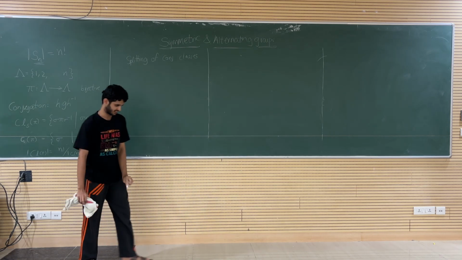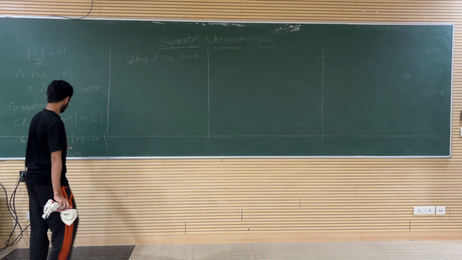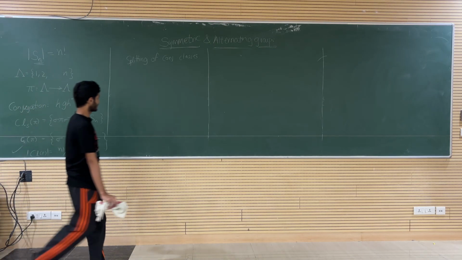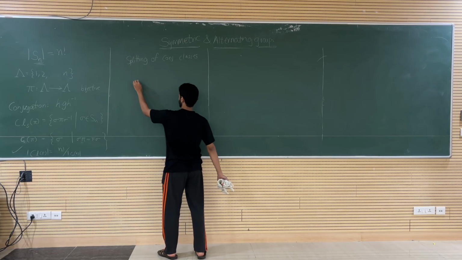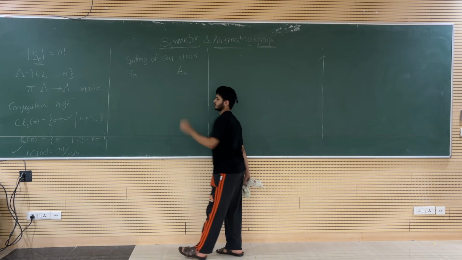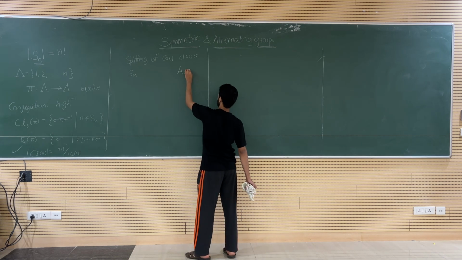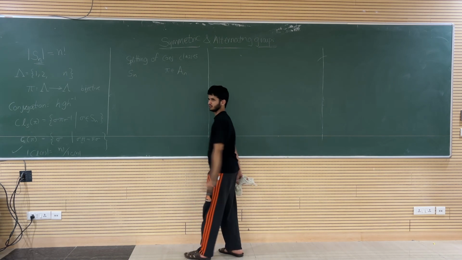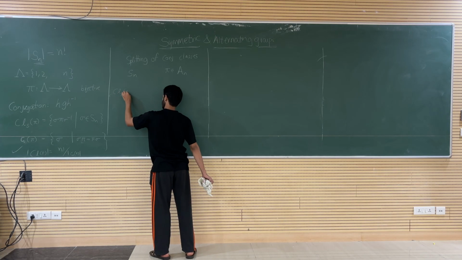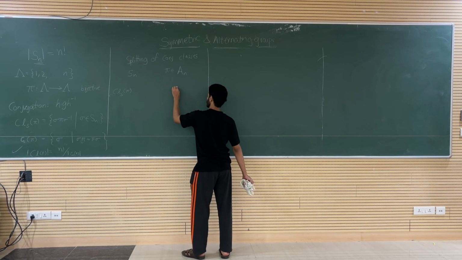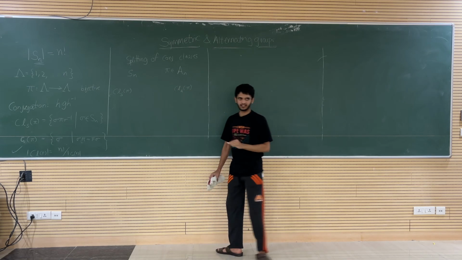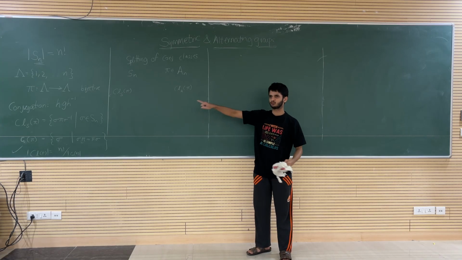When does it happen? Let's see. For this, we need to know the idea of the formula we will be using. Let me start. You have Sn, you have An. Take an element in An. Let pi belong to An, and you have a conjugacy class of pi in S, and a conjugacy class of pi in A. What do you think is the relation between these two?